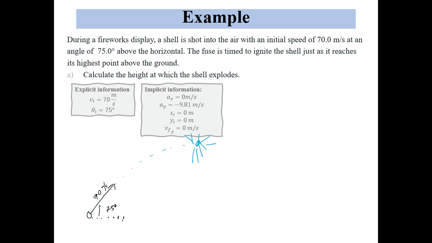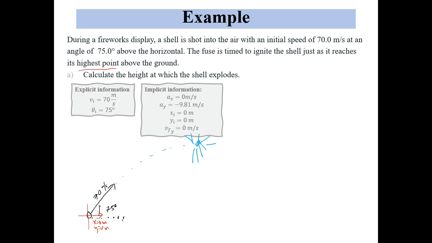Once you have a diagram, you set up your x and y axes, or your origin. Where are you going to be measuring your x and y positions from? The easiest place to put it is over here. So this is where x is equal to 0, and this is where y is equal to 0. Since this object was located at 0, 0, that is going to be its initial position. Another thing we note is that this object explodes at the highest point.